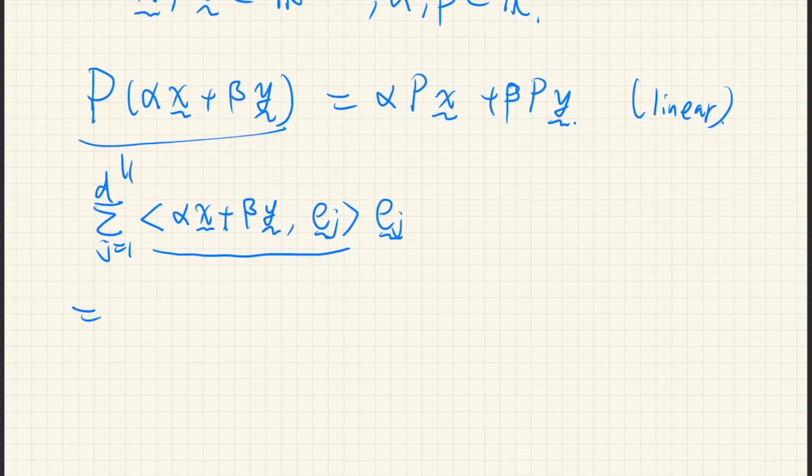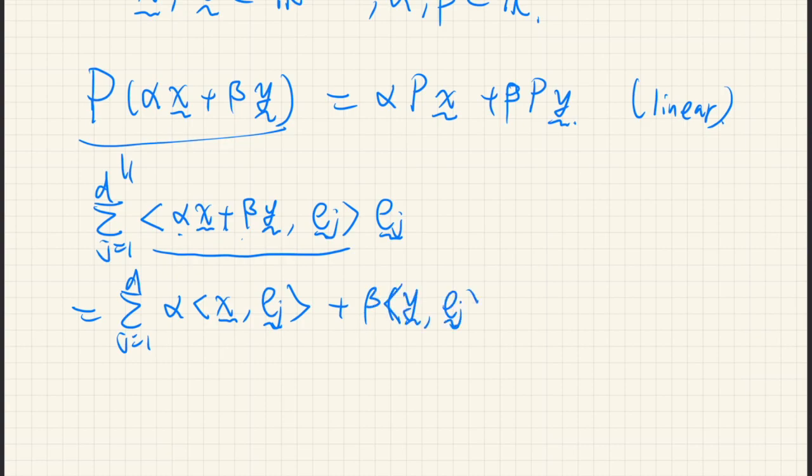Actually, it's a bilinear operation, so we can split this addition and multiplication by real numbers as this: alpha times the inner product of x and e_j, plus beta times the inner product of y and e_j, times e_j.